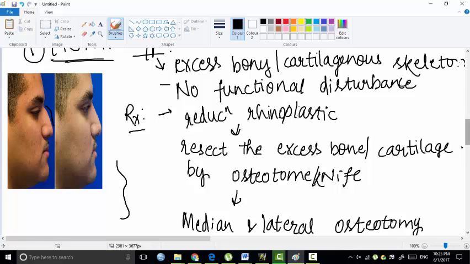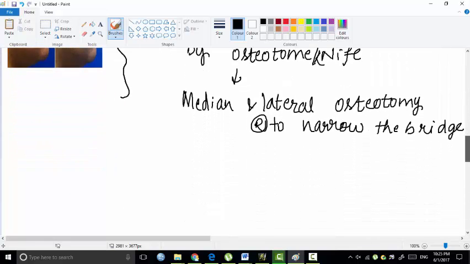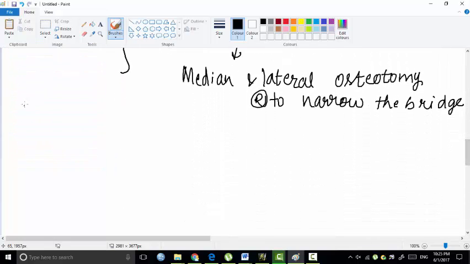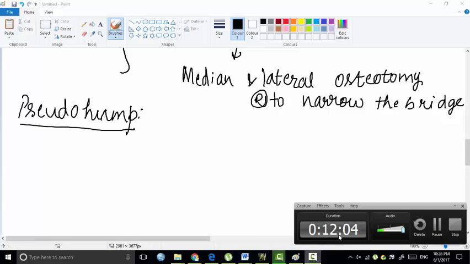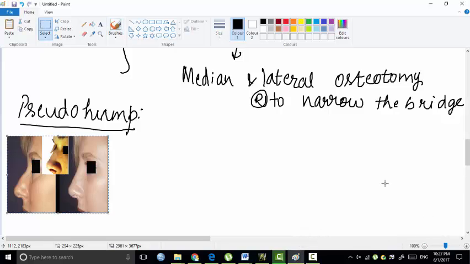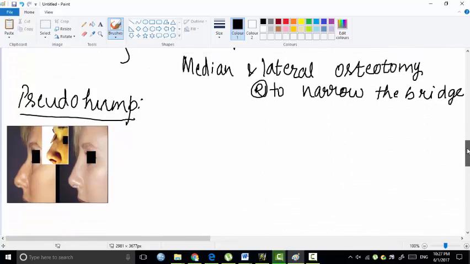Sometimes there is a pseudo hump which is formed. So this is the pseudo hump. But what is this? If you look at the picture above and the picture below, both of them generally look the same, right?